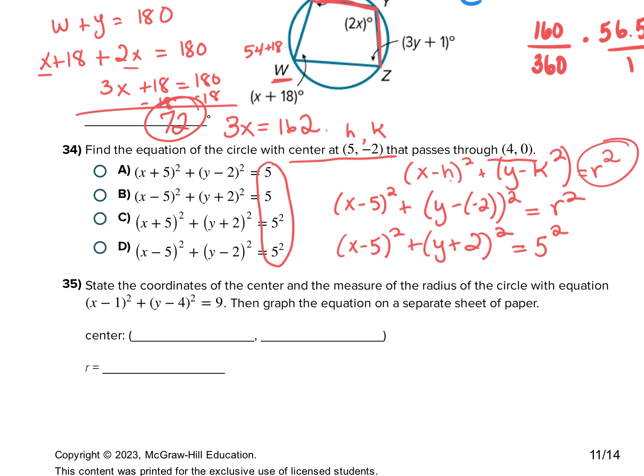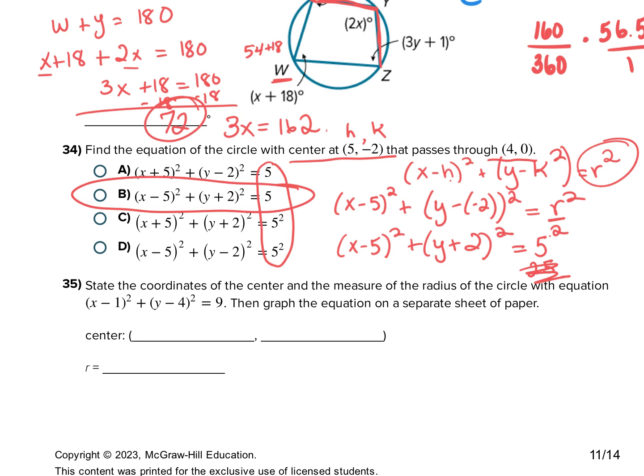Our question, 5 squared, if I was to square 5, I'd get 25. And that's not our answer. That's not the length that we got. So we're actually just substituting in the 5 for the radius. So my answer is actually B.